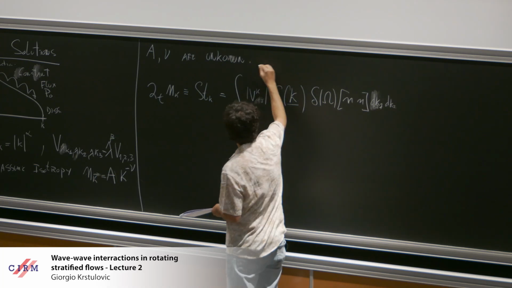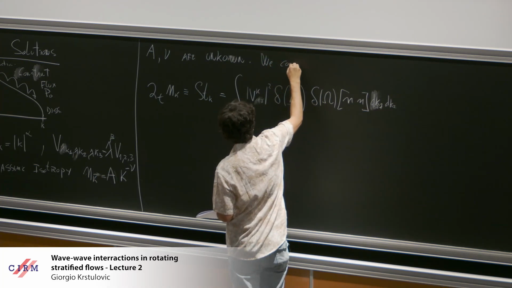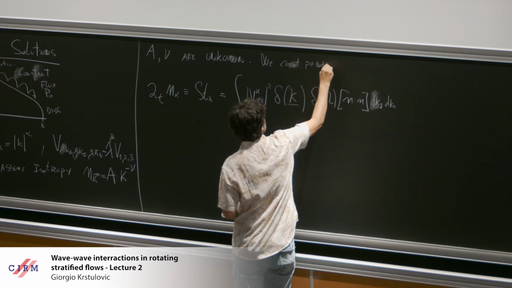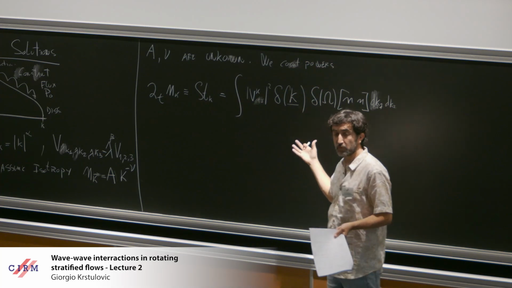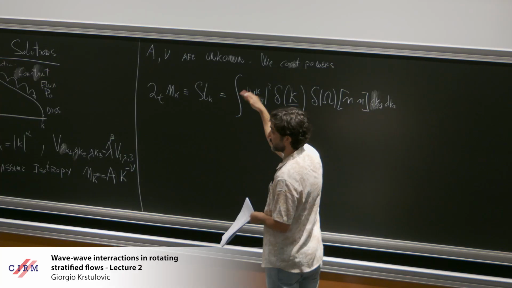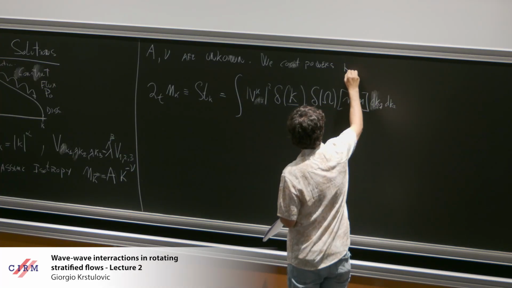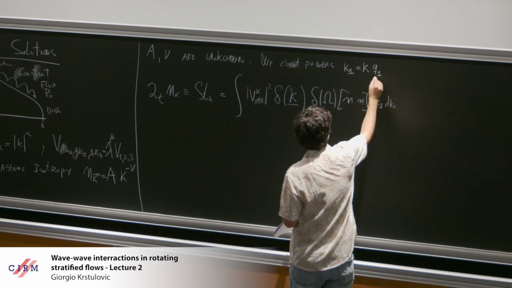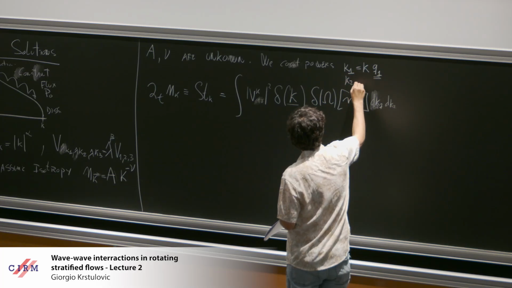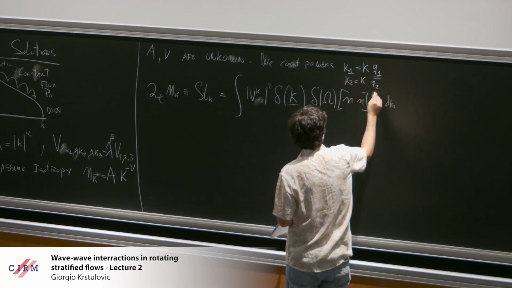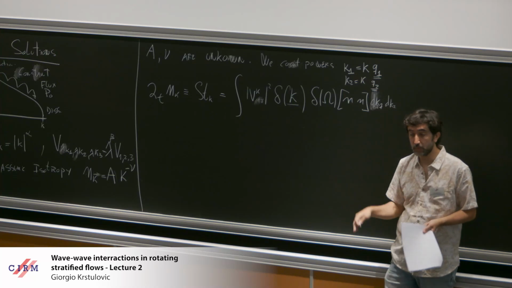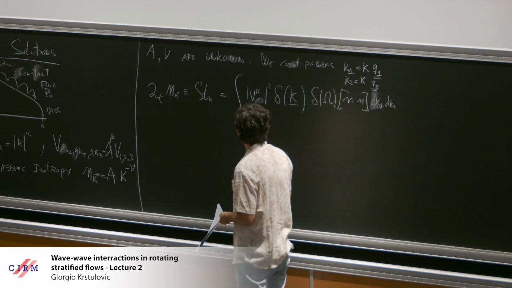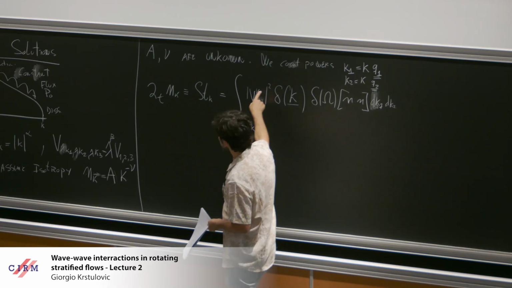What I mean by counting powers is that you will use the homogeneity of the kinetic equation to get rid of all dependence in k. Typically you will say that k1 will be k times q1, and k2 equal to k times q2. You change variables, this is the new integration. So this integral becomes an integral in q1, q2. If I do the same here, this guy will give me a k to the power 2 lambda.